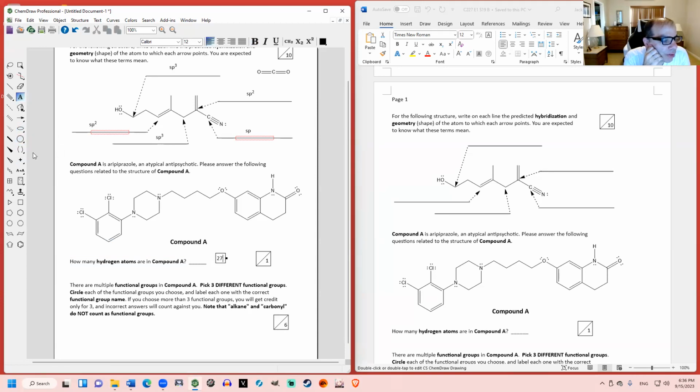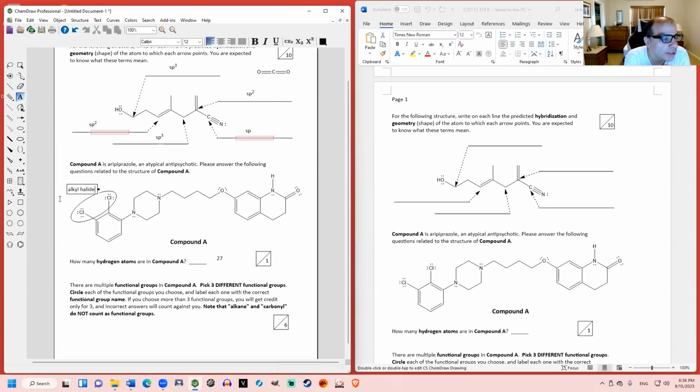And then we come to identifying functional groups. Trying to think about the easiest way to do this. These are both going to be alkyl halides. Though I'm sure I accepted aromatic halide, I'm sure I accepted aryl halide. There are other ways to put it.